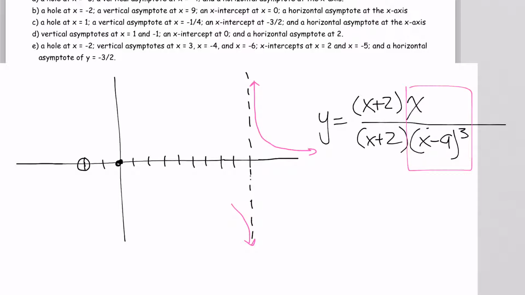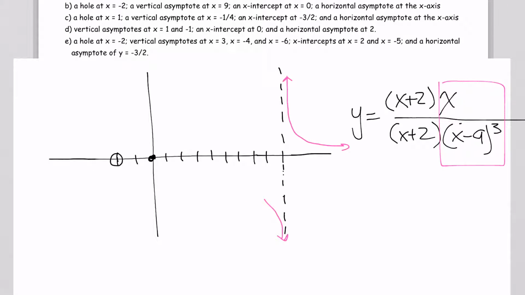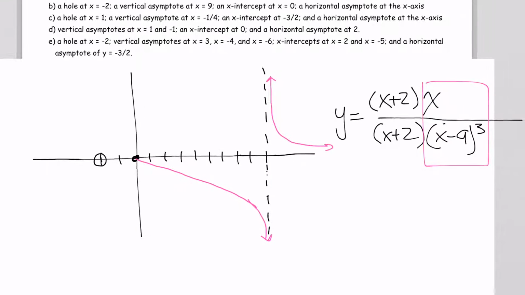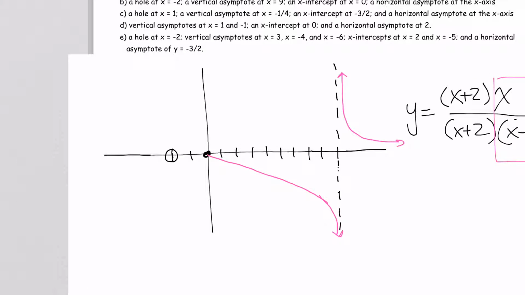If I had made it x minus 9 squared, I would have also started up. But I made it cubed, so I'm starting down, and then I'm going to come over. I'm going to hit this x-intercept. I'm going to cross because my degree is odd. And then I'm going to kind of pop up and then level out because I have a horizontal asymptote at 0. So it's going to look something like that.